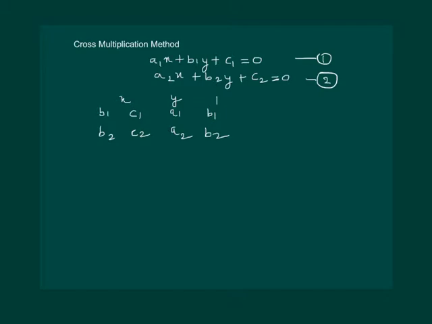Next, we proceed by writing x, and under x multiply the values, that is b1 multiplied by c2 gives us b1 c2 minus b2 c1.